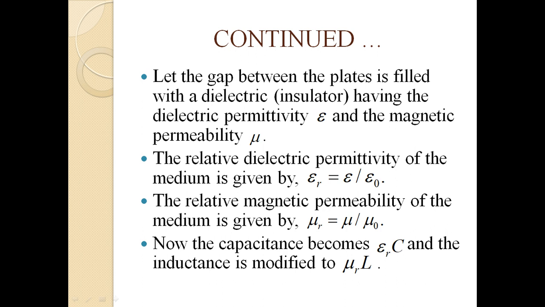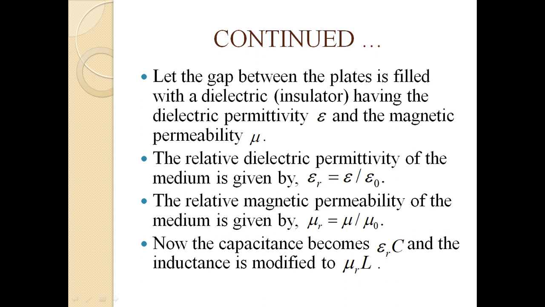We can define the relative dielectric permittivity as the ratio of the dielectric permittivity of the medium to the dielectric permittivity of the vacuum. So, the relative dielectric permittivity epsilon R is equal to epsilon by epsilon 0. Similarly, we can define the relative magnetic permeability mu R such that mu R equals mu by mu 0.